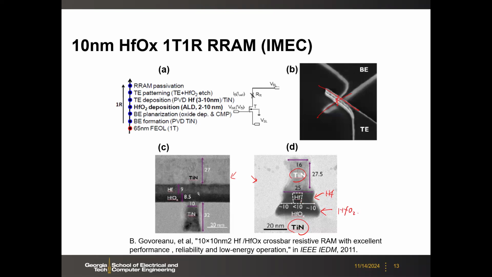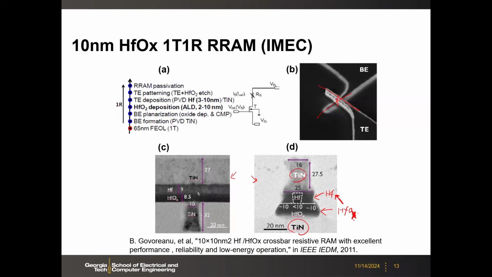So again, the hafnium will attract oxygen a little bit. That's why here it uses X, because it's below 2. So you get a little bit of oxygen to here, then this will be oxygen deficient. So you help to create some filaments in the hafnium oxide.